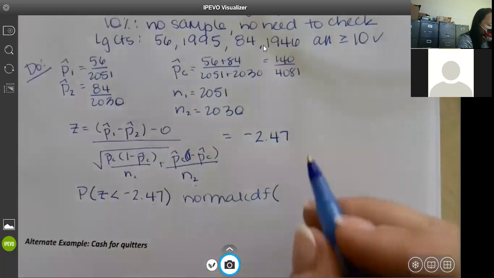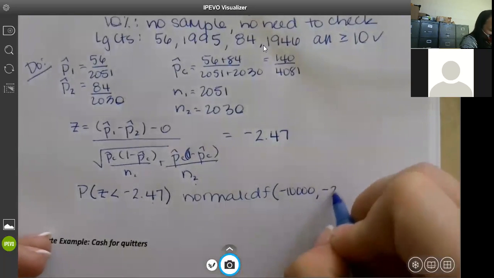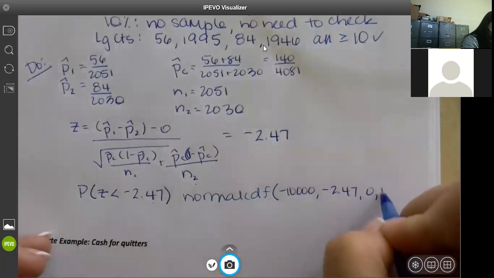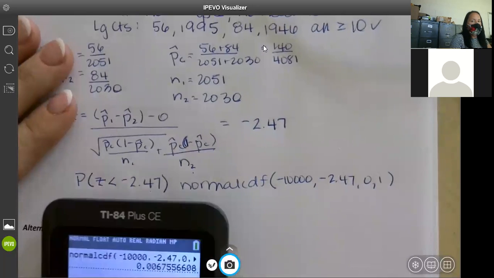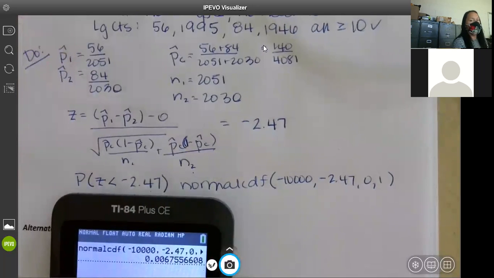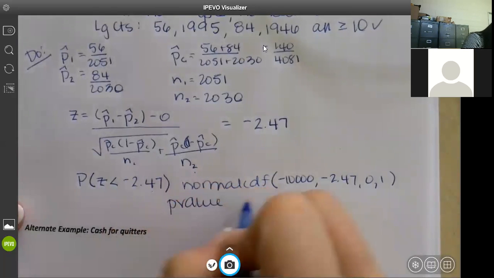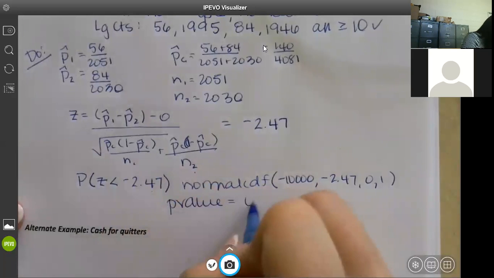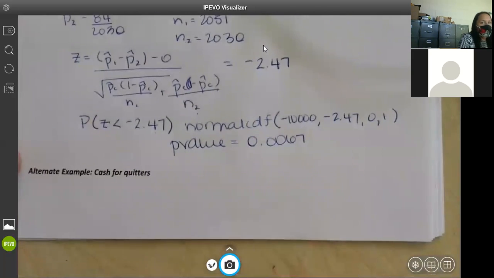So negative 10,000, negative 2.47, 0, and 1. And again, the probability statement helps you write those and know which way it goes. When you put that in, you can see you get 0.00675. You could do 6, 8. It doesn't matter. You just need to be able to compare it to alpha.